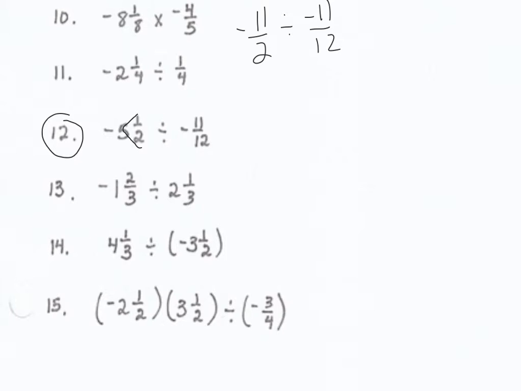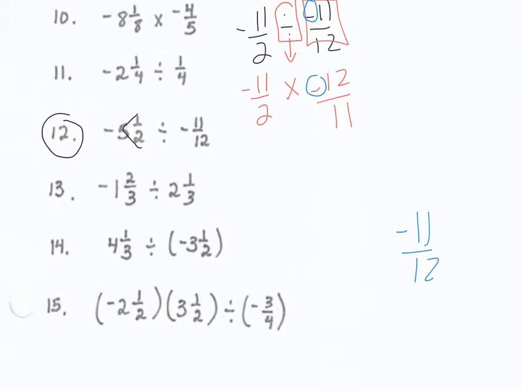The rule says I can rewrite this as a multiplication statement, and then I reciprocate the second term only. Now, if you noticed, I kept the negative up top.